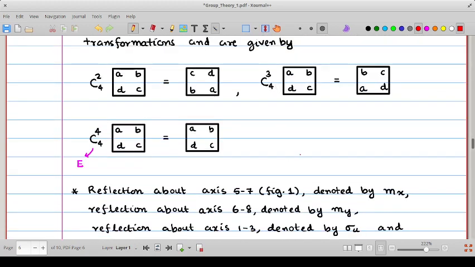So we have now identified 4 symmetry operations of the square. They are C4, C4 square, C4 cube, and C4 to the power 4, which is the identity.